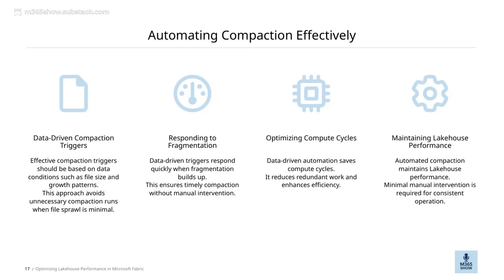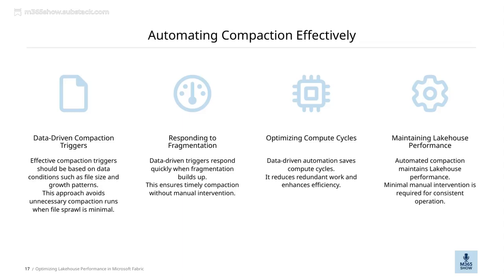When it comes to responding to fragmentation, using data-driven triggers allows the system to react quickly whenever fragmentation starts to build up. This timely response helps ensure that compaction happens when needed, preventing performance degradation without the need for manual oversight.